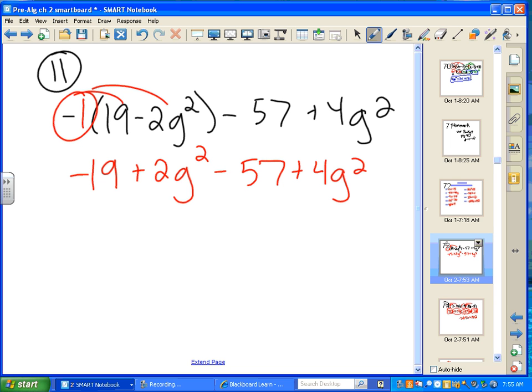No. You guys would all get the same answer, but you would not get the same answer that we just went over because the variable wouldn't be there anymore.